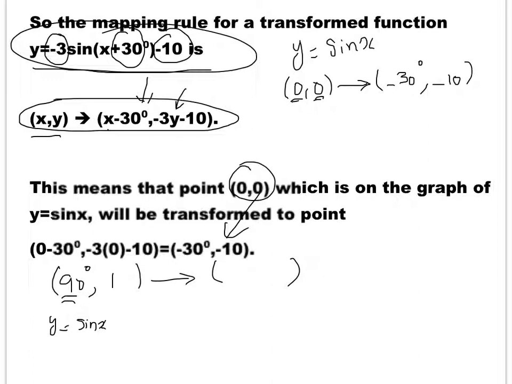To find that, I'm going to use the mapping rule. Since x is 90, I plug 90 in, so I get 90 minus 30 for my x. Remember, these are degrees. And y is 1, so I'm going to say -3 times 1 minus 10. 90 minus 30 is 60, and -3 times 1 is -3, minus 10 is -13.